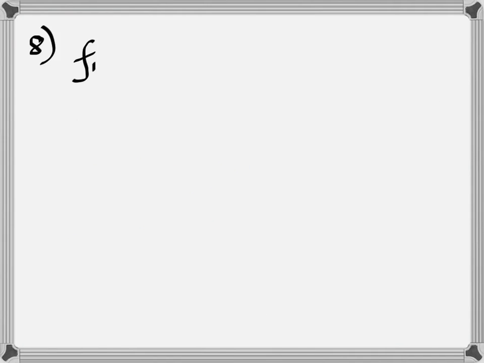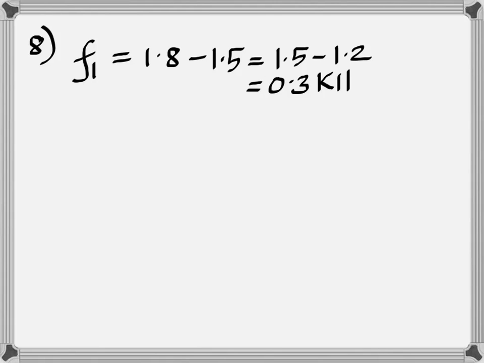All right. So number 8. Look. You said 0.6. I said 0.3. Why? 1.8 minus 1.5 is equal to 1.5 minus 1.2, isn't it? The difference is constant, and that's 0.3 kilohertz.